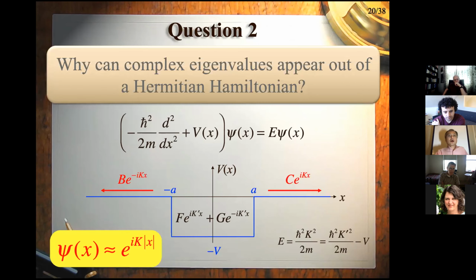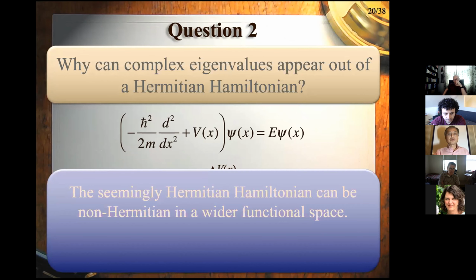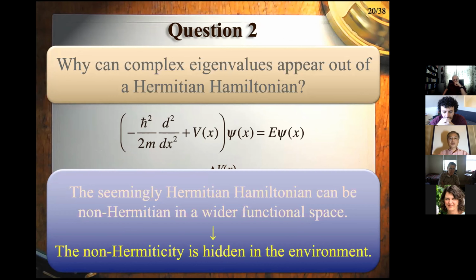So the answer to this question is that the seemingly Hermitian Hamiltonian can be non-Hermitian in a wider functional space. In other words, the non-Hermiticity is hidden in the environment. That's the answer to this second question.